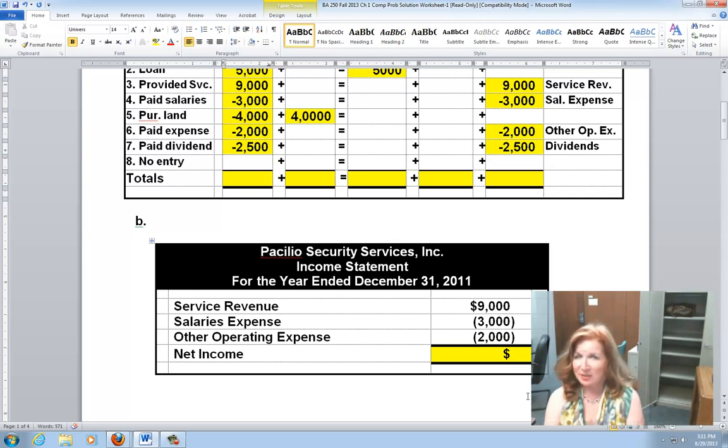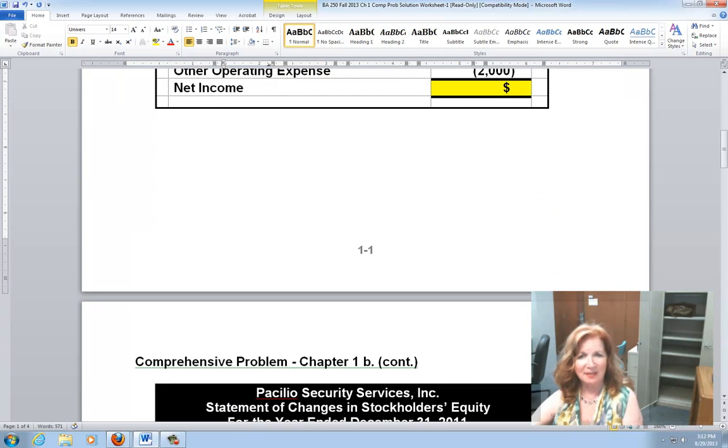If you were doing the entire problem all on your own, you'd have to write in those headings, write in those accounts, put in the amounts for the revenues and the expenses, and then you would get the net income. So I'm going to leave you to calculate the net income and then enter it in front of that dollar sign. And that's the net income of this company.